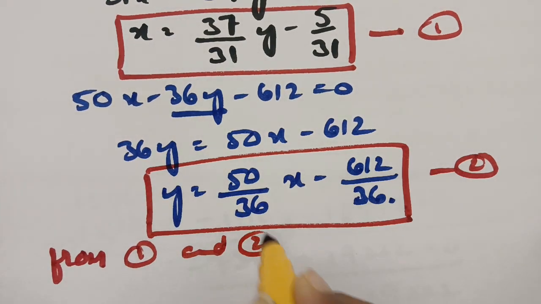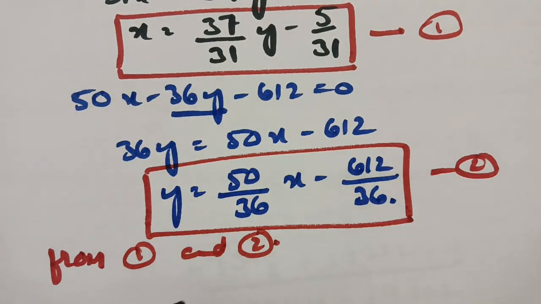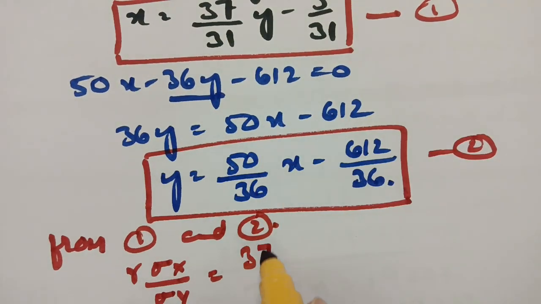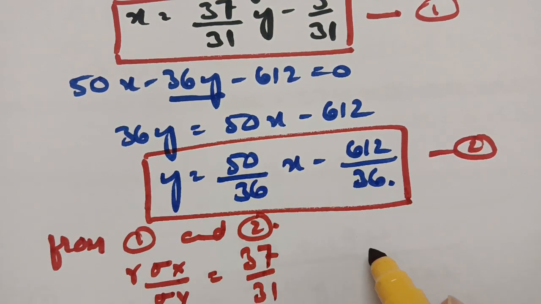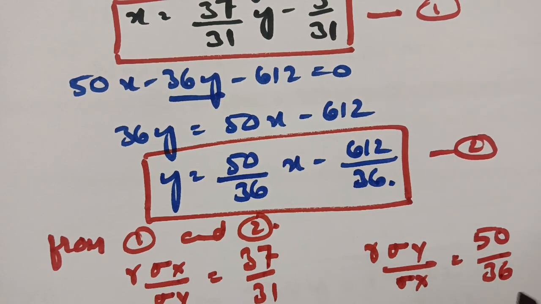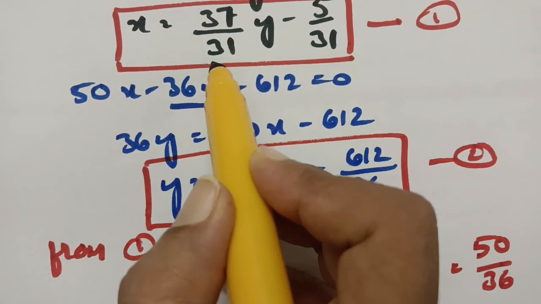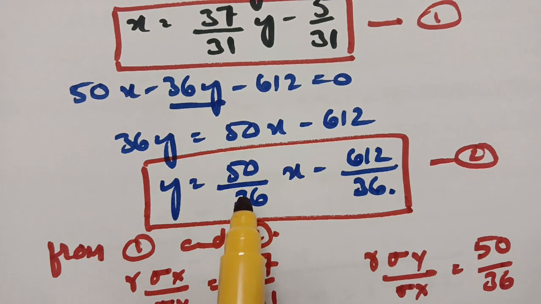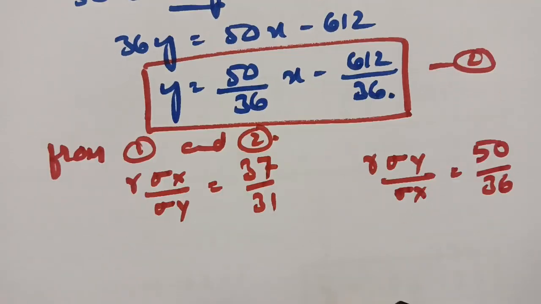From 1 and 2, clearly x on y means r into sigma x by sigma y value here is 37 by 31. Clear? And next one, y on x: r into sigma y by sigma x value is equal to 50 by 36.